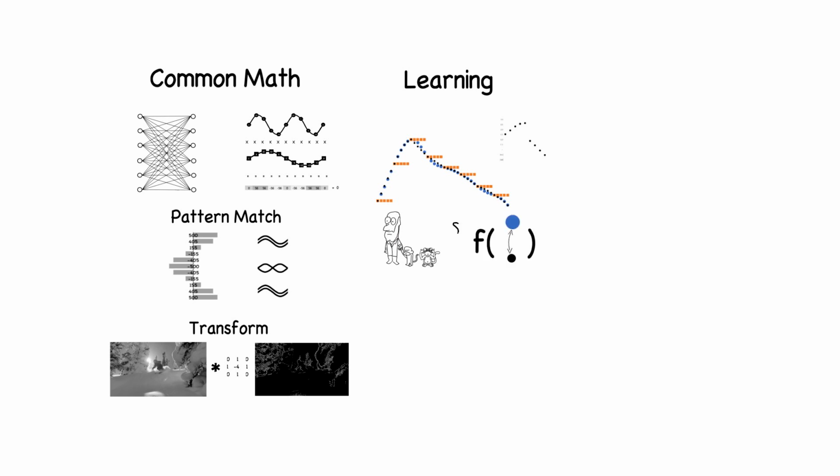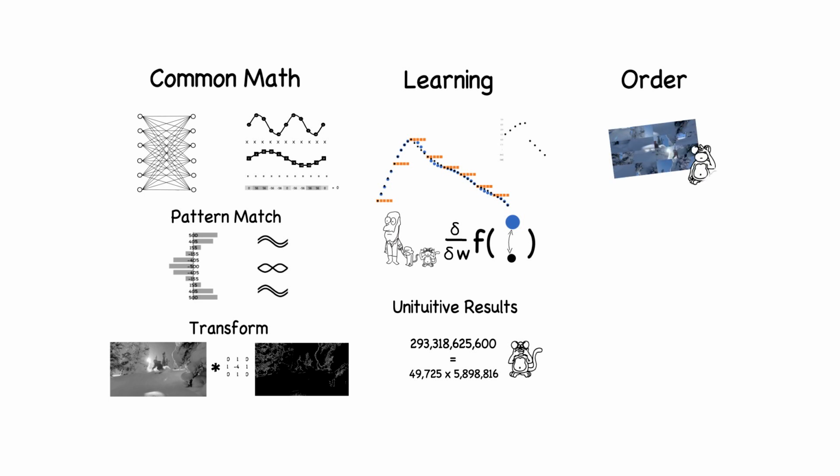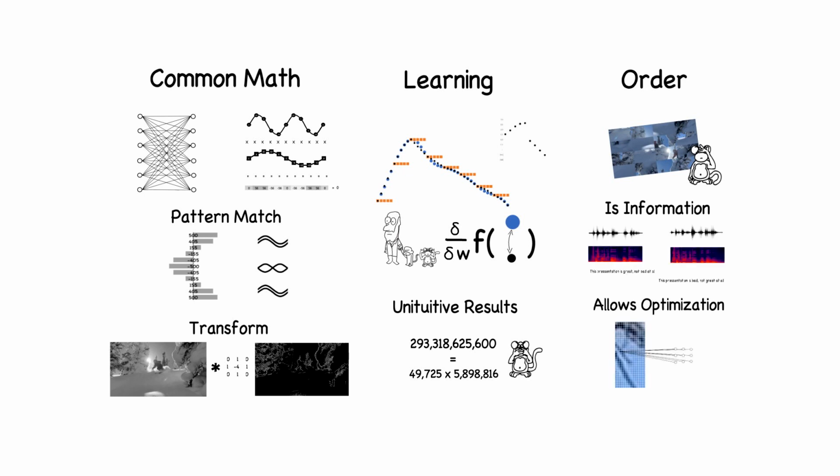Although techniques derived through calculus, like gradient descent, are much more efficient, but I promise just high school math. Neural networks often learn in unintuitive ways, but this doesn't mean we don't understand how they work. In media and in digital signals in general, order matters. Order contains information, and order can also be used to optimize how we build media-specific neural networks.